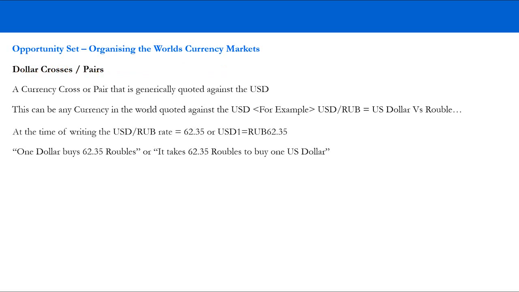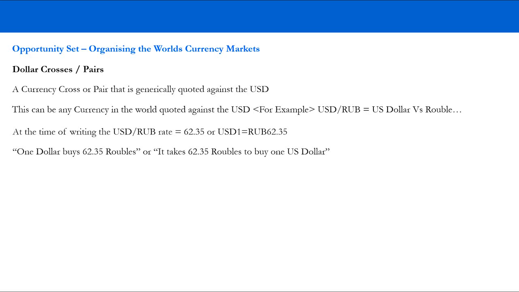Another way in which participants, so conflict of interest participants in the Forex markets, segment currencies, is you will find brokers, investment banks, media outlets, so television, newspapers, online media.